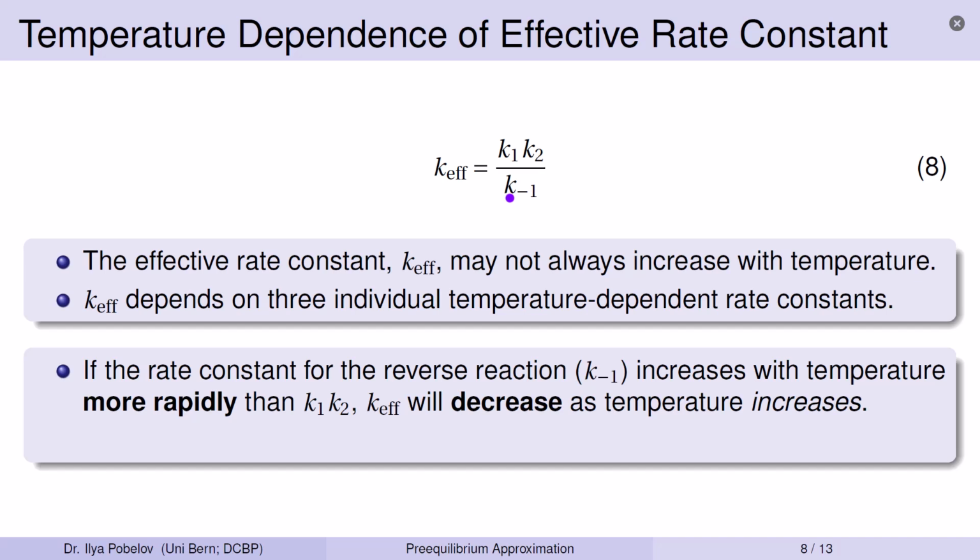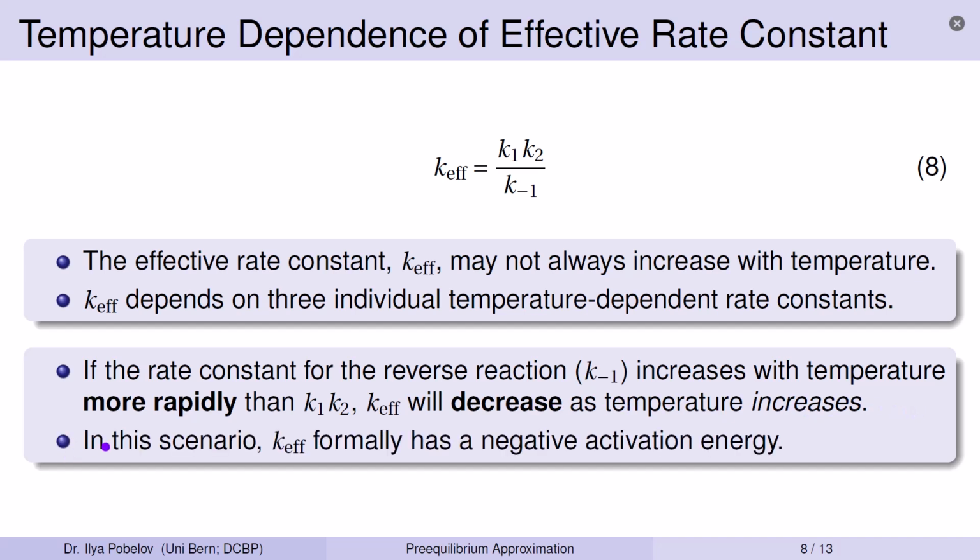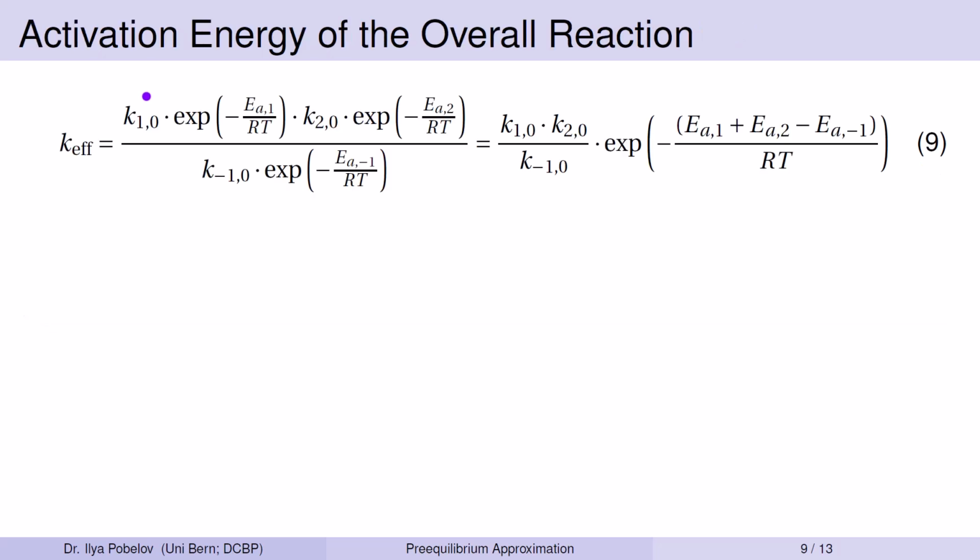If the rate constant for the reverse reaction, k-1, increases with temperature more rapidly than the product of the forward rate constants, k1 and k2, then kf will decrease as temperature increases. This scenario leads to the unusual situation where the rate constant of the overall reaction, kf, formally has a negative activation energy. To understand this better, consider the Arrhenius temperature dependence for each rate constant.